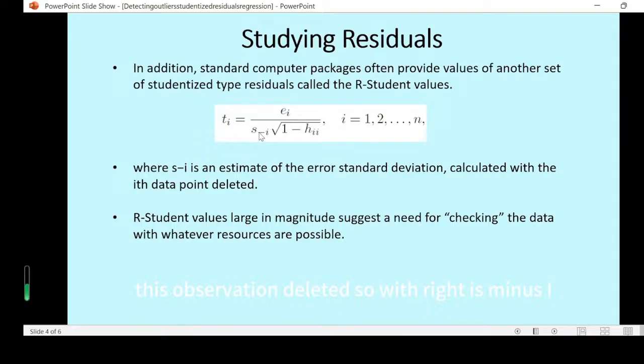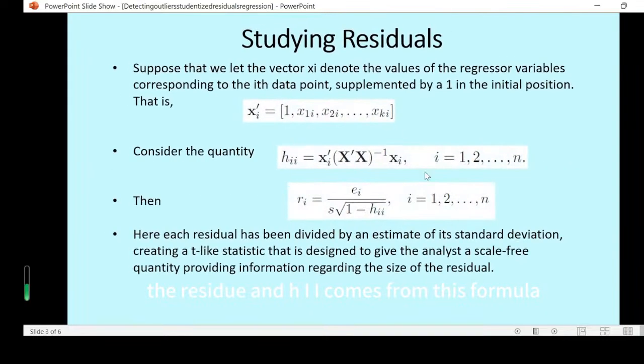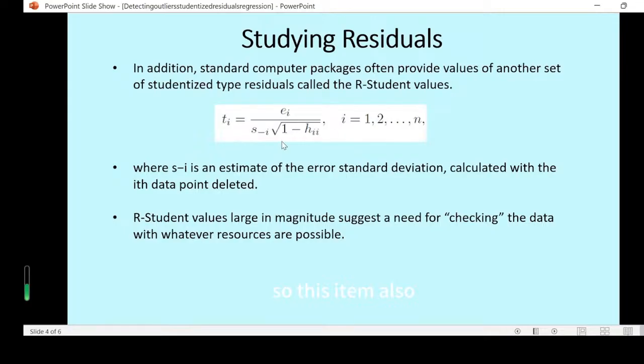So we write S minus i. Here hi and ei are the same as before. ei is the residual and hi comes from this formula. So this item also follows a t-distribution, and this is called the R-student value. So if this value is significant, then we will also be skeptical that this observation is an outlier.